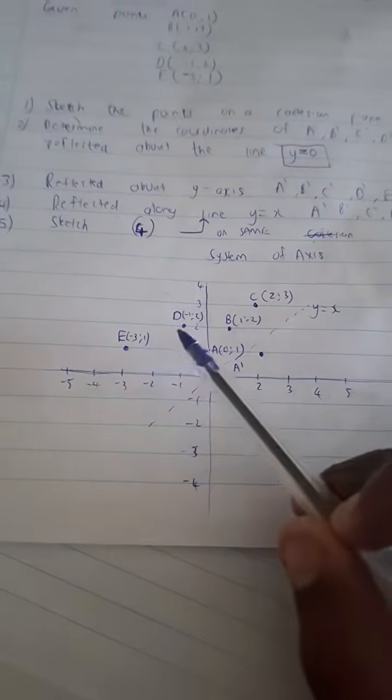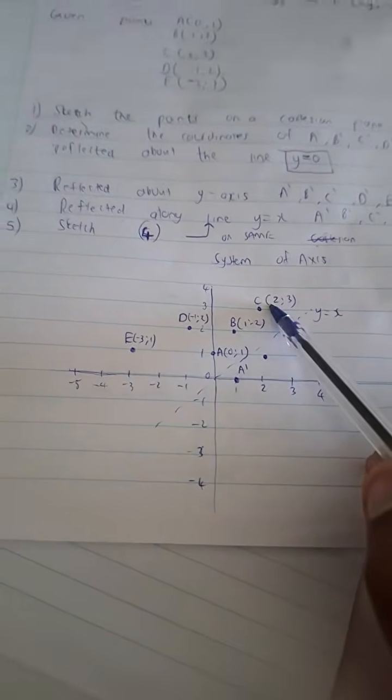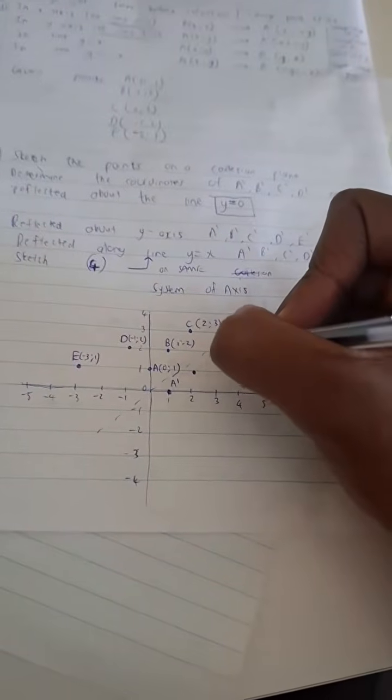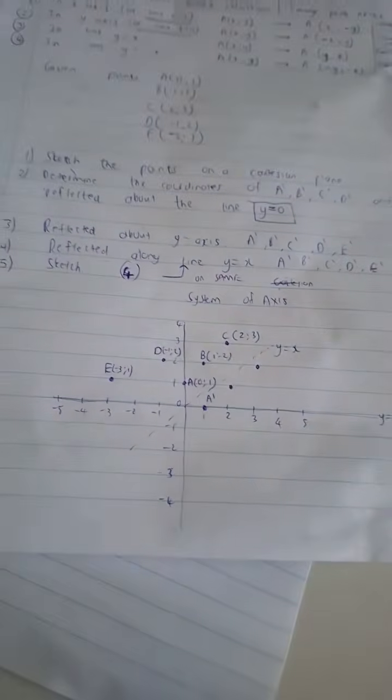C was 2 and 3. The image of C is 3 and 2. D was negative 1 and 2.